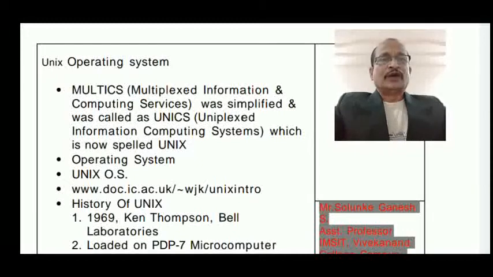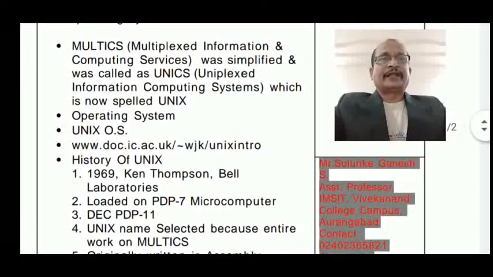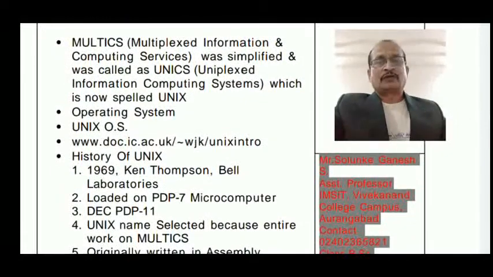Now, we are going to see the history of the Unix operating system. Before starting the history, the theoretical part notes according to your syllabus, that is unit number 1, are all available on a website.